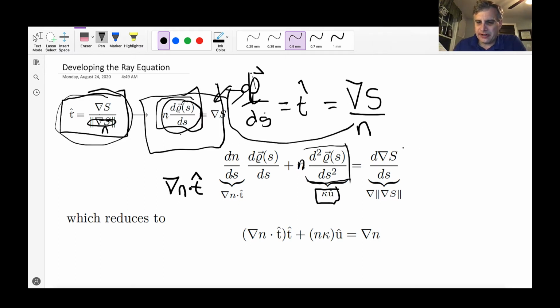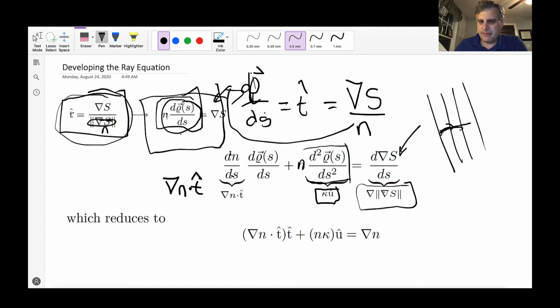Okay, now we're going to apply a vector identity to this term, the derivative with respect to s of the gradient of the eikonal. The gradient points in the direction of increasing phase, or phase progression, and differentiating that vector with respect to path length as you advance along the ray is equivalent to taking the gradient of the magnitude of the gradient of S. You start with an eikonal, which is a scalar.